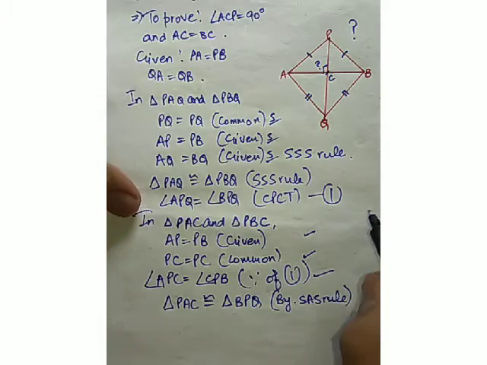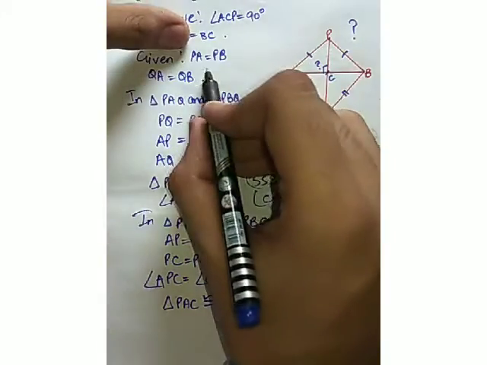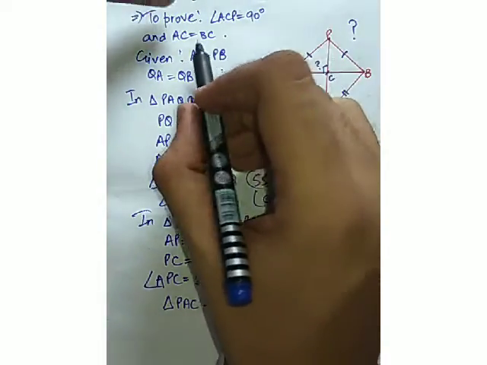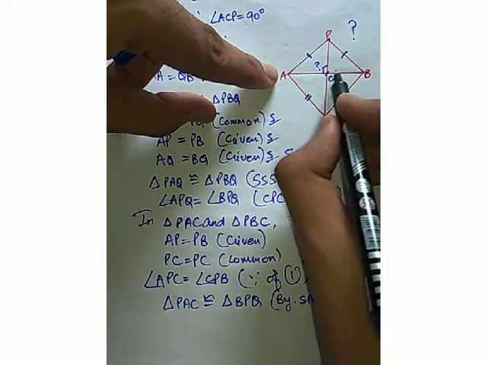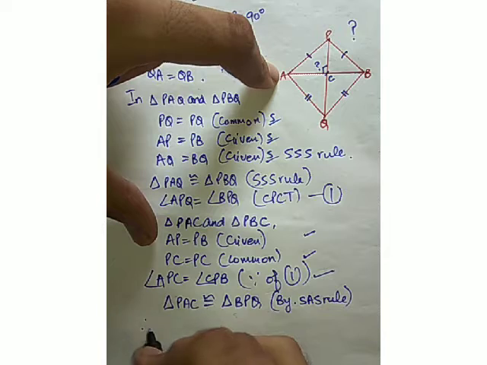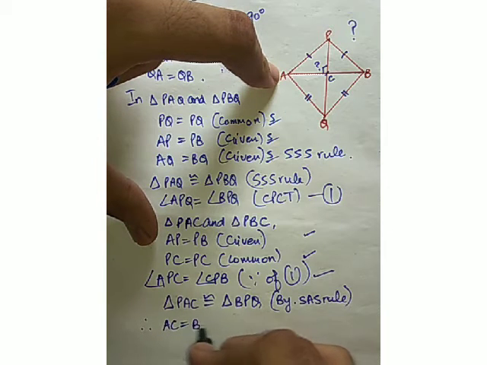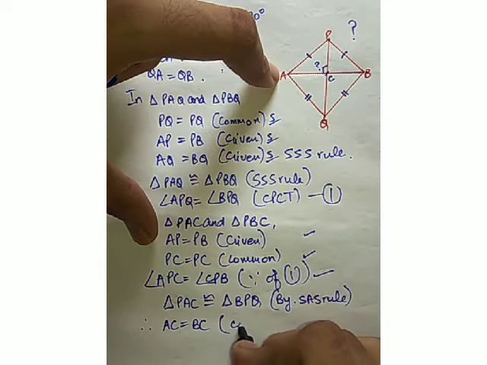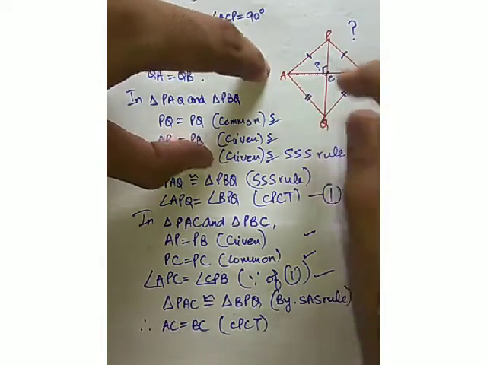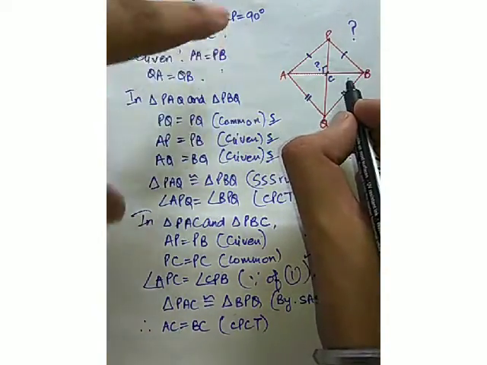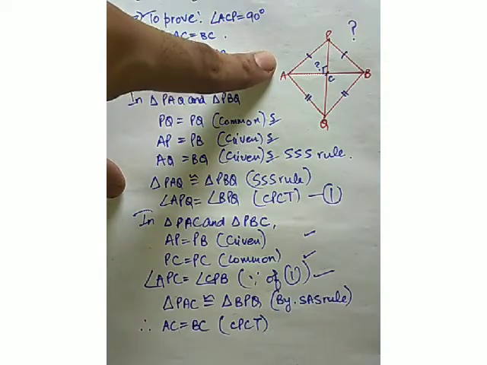But what was our motive to prove this? We have to prove that AC is equals to BC, which is the third side of the two triangles. So you can easily write AC is equals to BC by CPCT, because these two triangles are now congruent, and that's why corresponding parts are equal to each other.